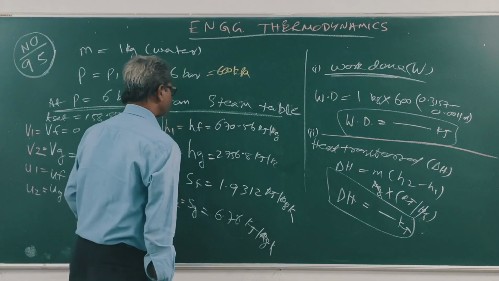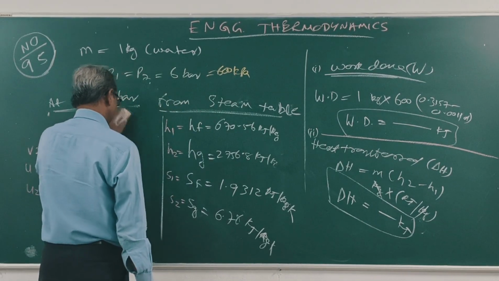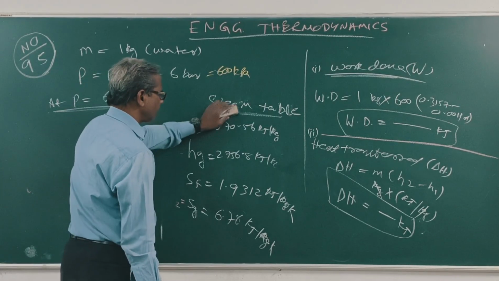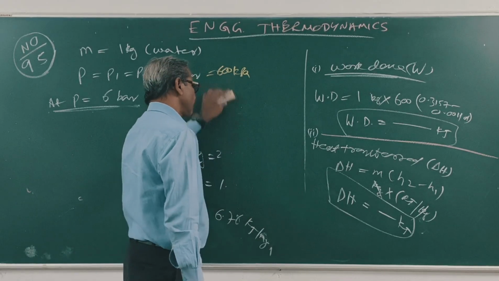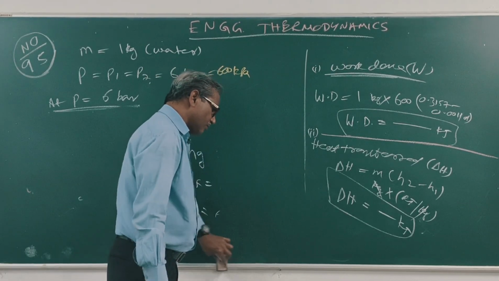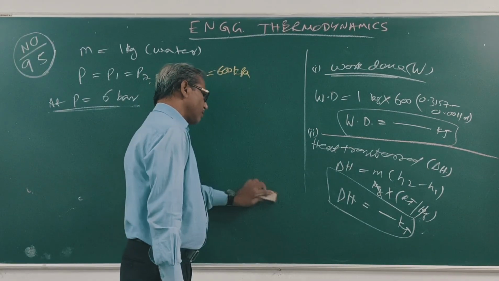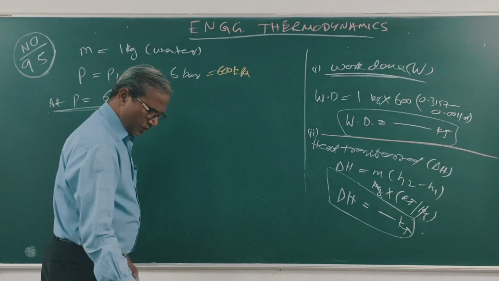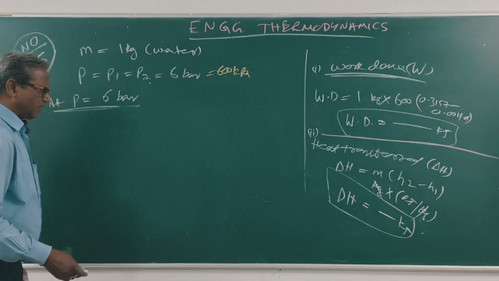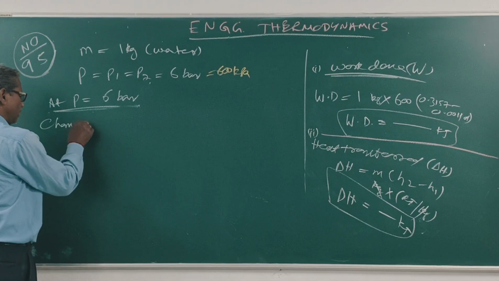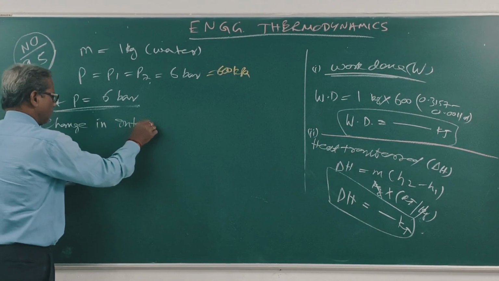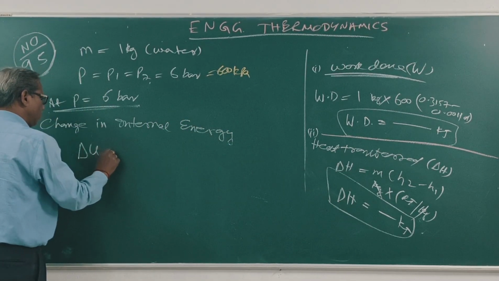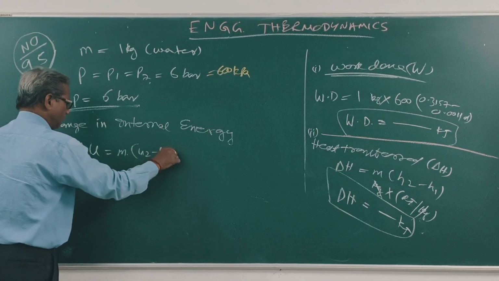Number 3, change in internal energy. The value is equal to m into (u2 minus u1).